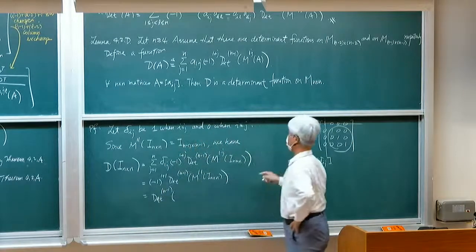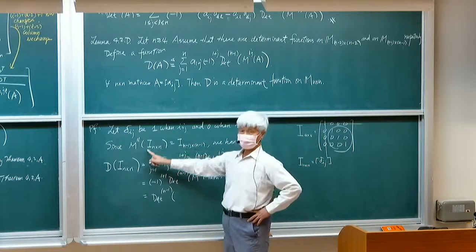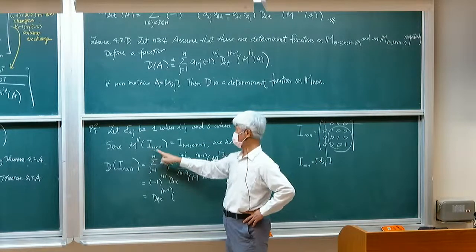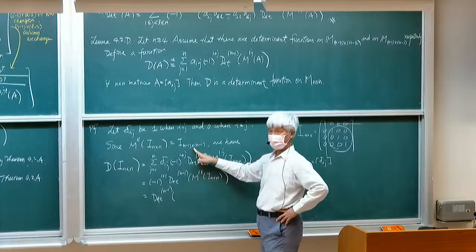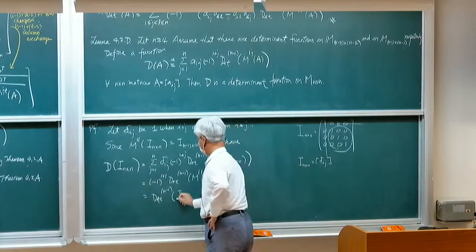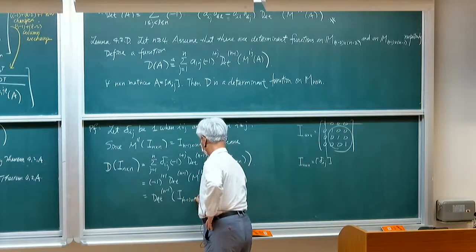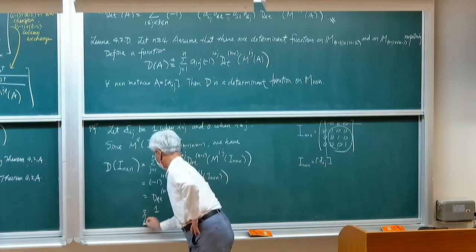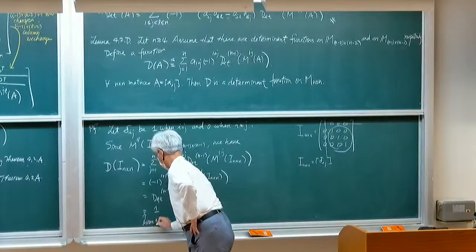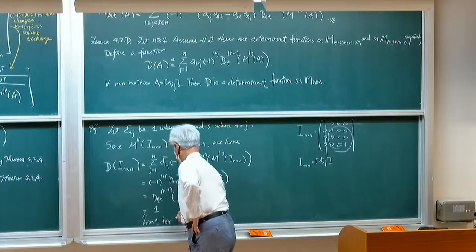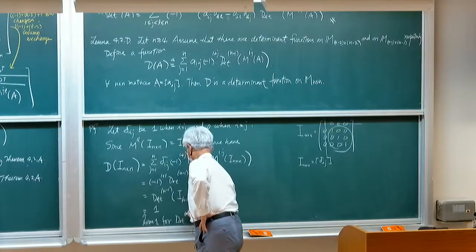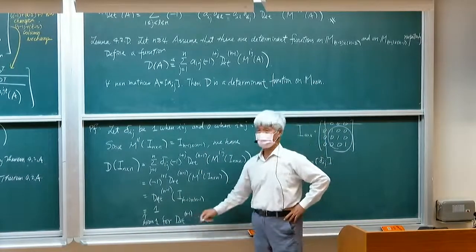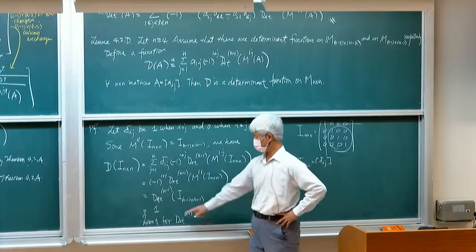And as we know, the 1 minor of the n times n identity matrix is the n minus 1 times n minus 1 identity matrix, which has determinant 1 by axiom 1 for the determinant function. Because D sub n minus 1 is a determinant function, it satisfies axiom 1.